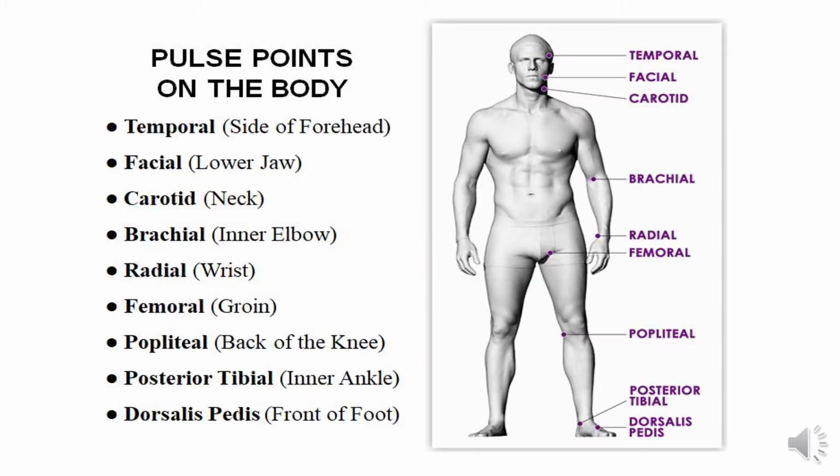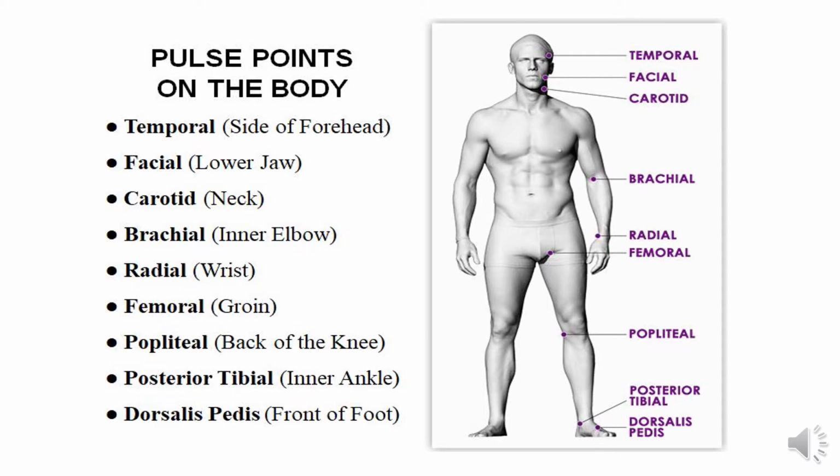So, what are the different pulse points of the body where we can record the pulse? Starting from above downwards, there is the temporal artery, which can be felt on the side of the forehead. Then there is the facial artery in the lower jaw, and the carotid artery in the neck. When you turn the face to the other side, the sternocleidomastoid muscle becomes prominent, and just lateral to it you can feel the carotid artery pulsation.